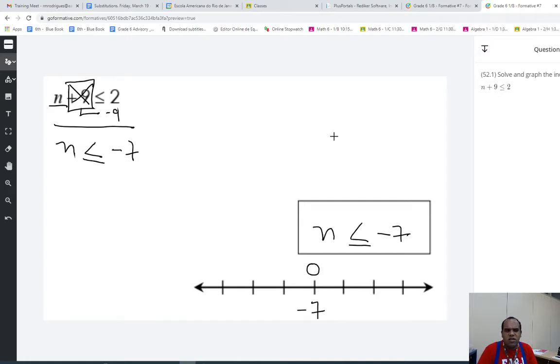Open or closed circle? Closed circle. Less than. Here my arrow goes to the left. Nice. Great, guys. That's it for number 3.